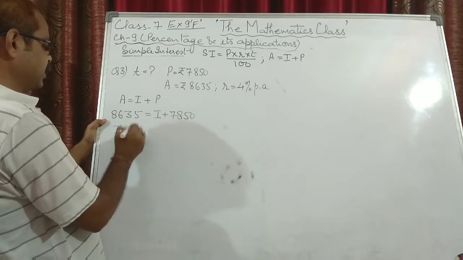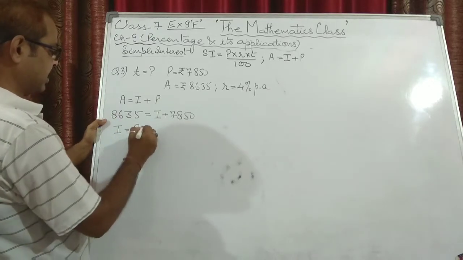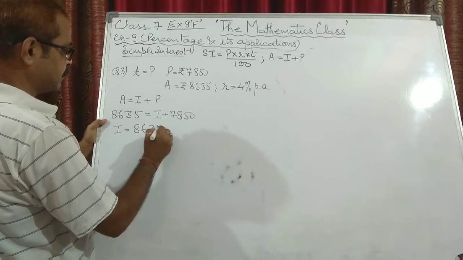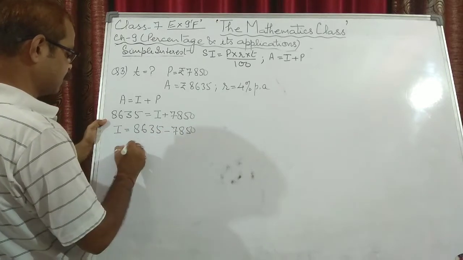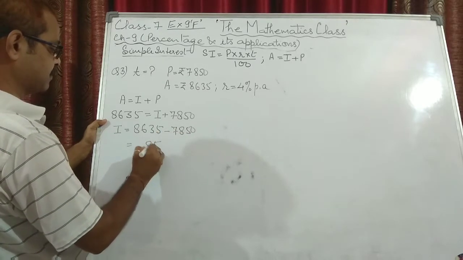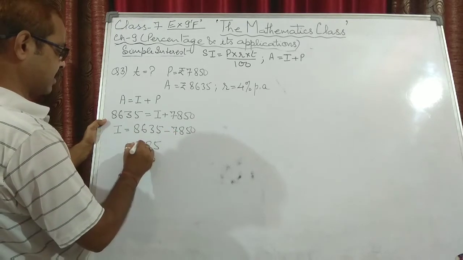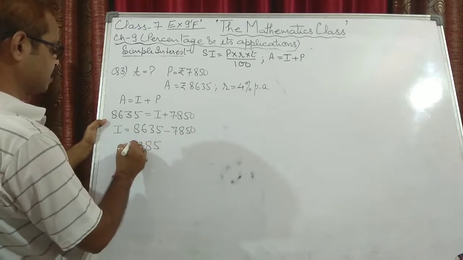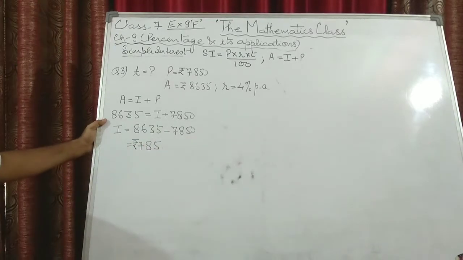So interest will be 8635 minus 7850. 5 minus 0 is 5, and 8 and 5 is 13. This is 15, 15, 7, so rupees 785 is the interest.